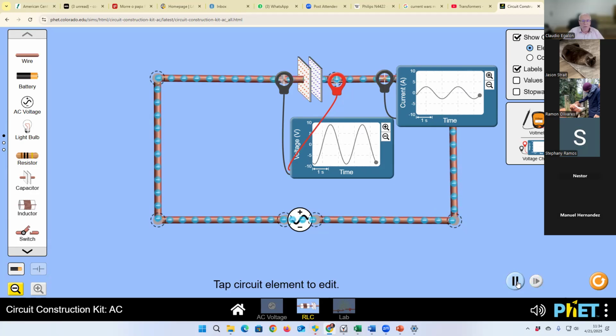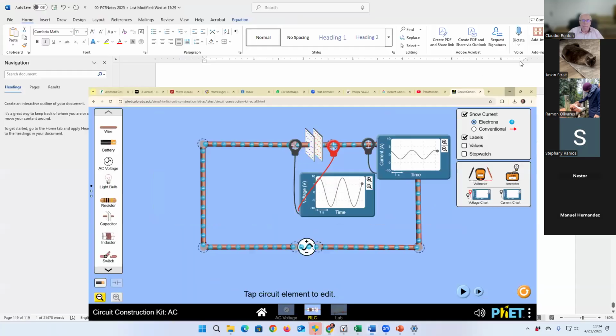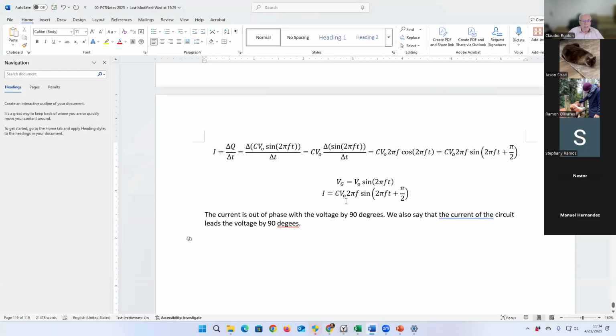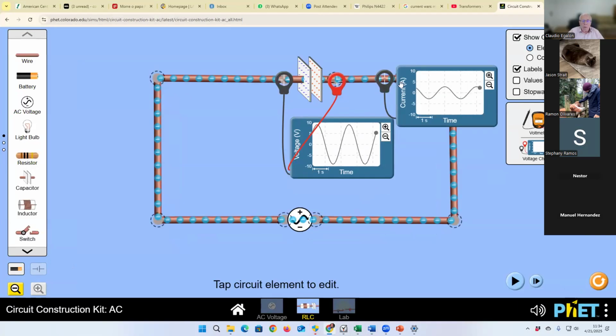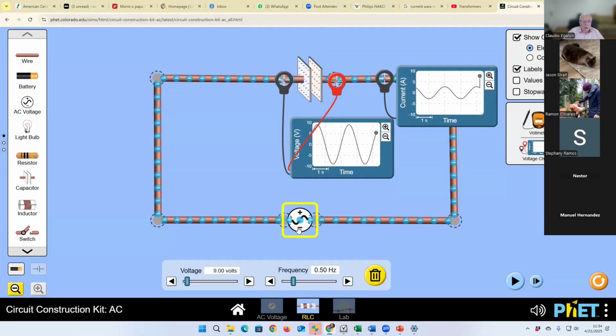Okay, so let it flow. And also note that the amplitude of the current changes with the frequency as well. If we increase the voltage or the frequency, what's going to happen to the current?